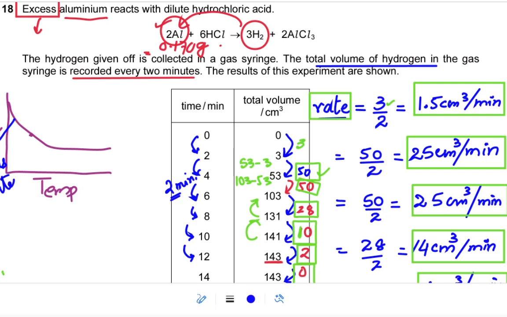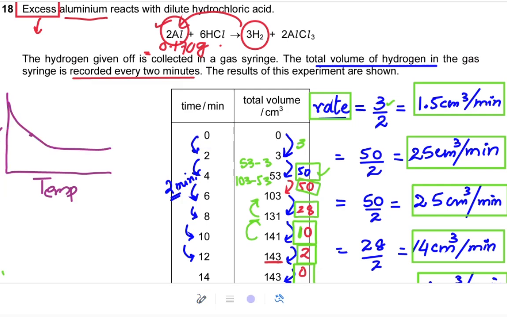So you have to remember the concentration of acid at the beginning is highest. At this point, the concentration of acid is highest. As the reaction proceeds, the concentration of acid decreases.